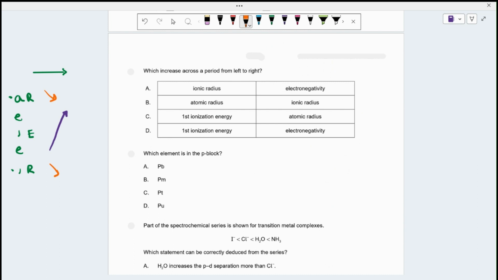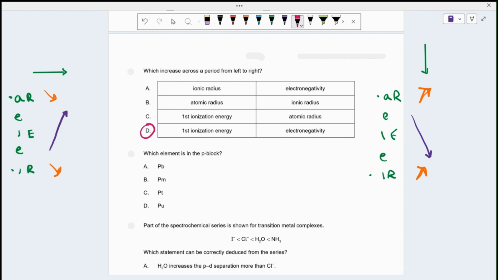And the very opposite happens down the group. So following that, the answer will be D. Ionization energy and electronegativity increase from left to right.